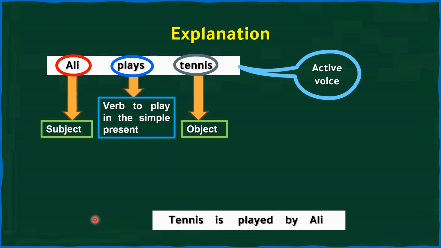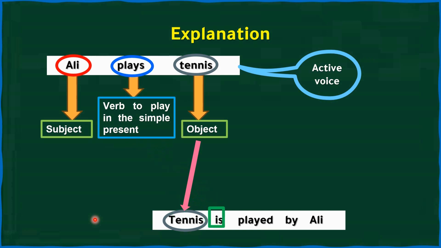So both of them change their places. Also the verb changes. Tennis, which is an object in the active voice, becomes a subject in the passive form.